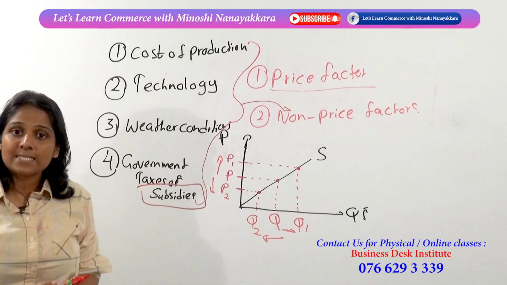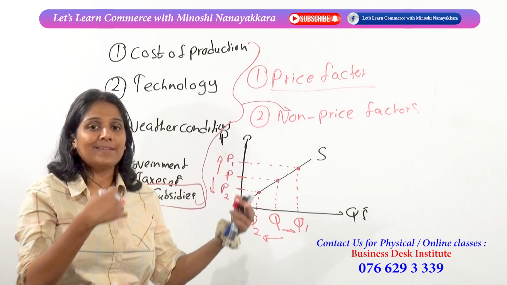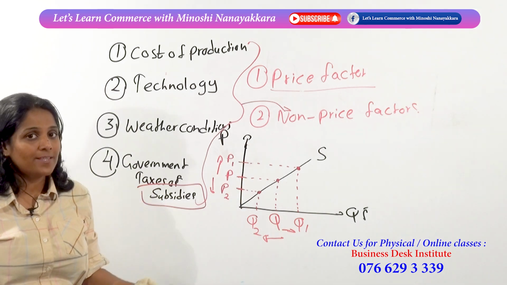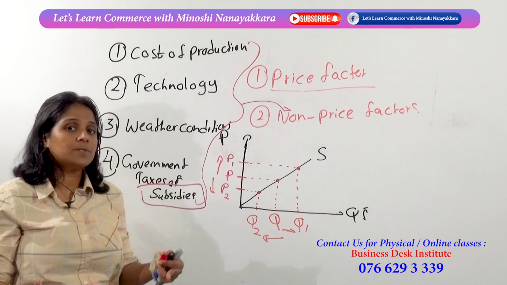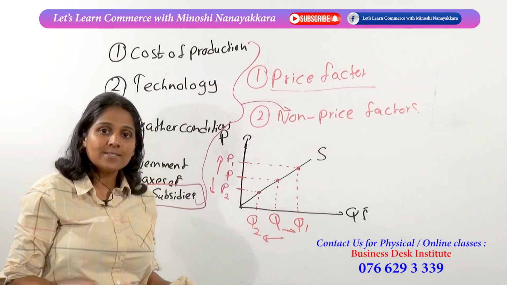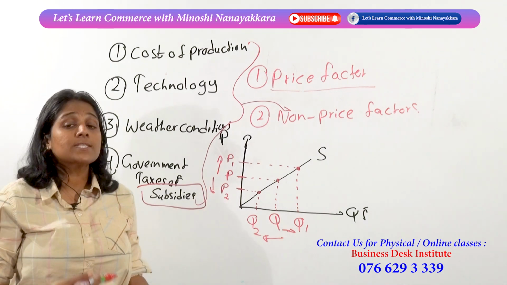Say for farmers, they are given interest-free loans, then they are very happy and they can expand their businesses. So the supply is increasing. Or sometimes the government provides fertilizers free of charge, which also encourages them to supply more.